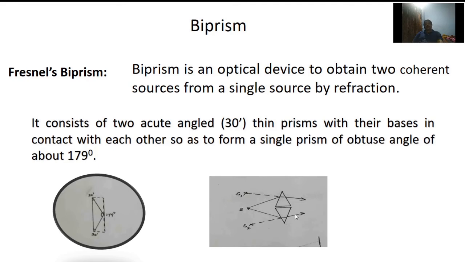If you produce this emergent ray in the backward direction, it meets at the point S2. So these two rays appear to be coming from the sources S1 and S2. Here S1 and S2 are two virtual sources originating from the source S, and they act as coherent sources.